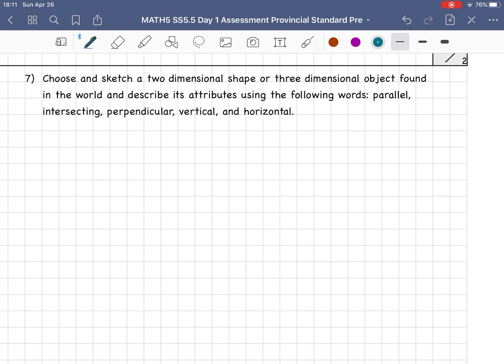Choose and sketch a 2-dimensional shape or a 3-dimensional object found in the world and discuss its attributes using the following words: parallel, intersecting, perpendicular, vertical, and horizontal. All right. So what do I got? I want to do a very simple shape. So in my room right now, there is a cupboard. It looks a little bit something like this.